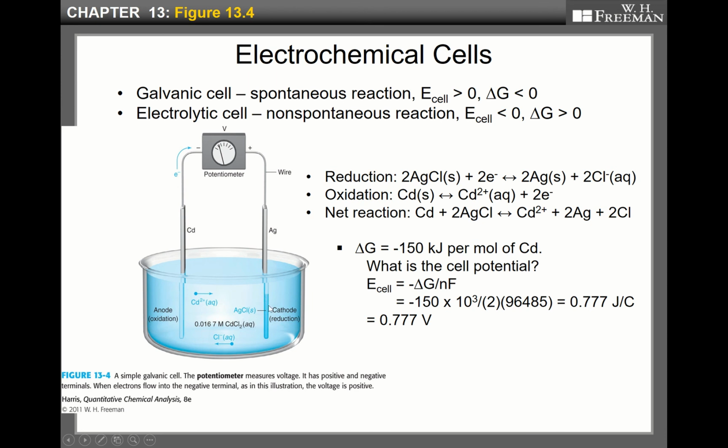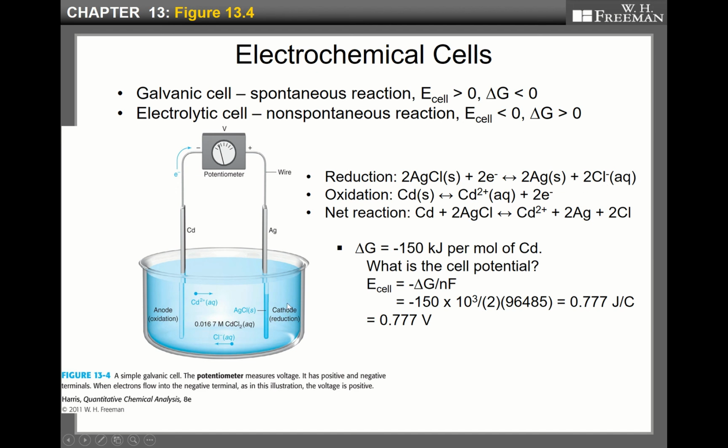And then this is the cathode. Since this is the cathode, what reaction takes place on it? Reduction. This silver chloride is reduced by accepting electrons, becomes silver metal, and two chloride ions are formed. This is the reaction that takes place on this cathode.